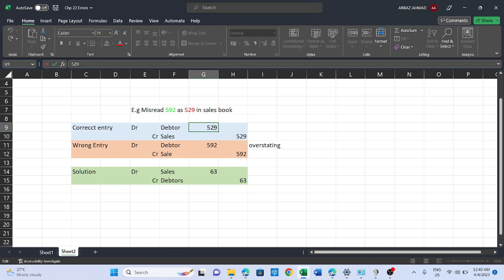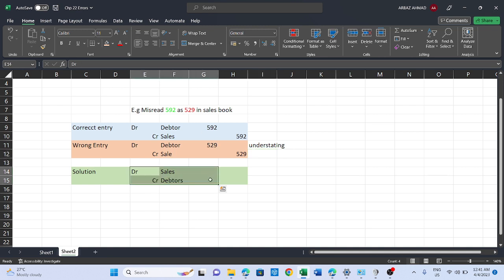So the correct should have been 592 and here 592. And what we did is 529 and 529. This is what we did. So now in this case, this becomes an example of understating the amount. We are understating the amount.